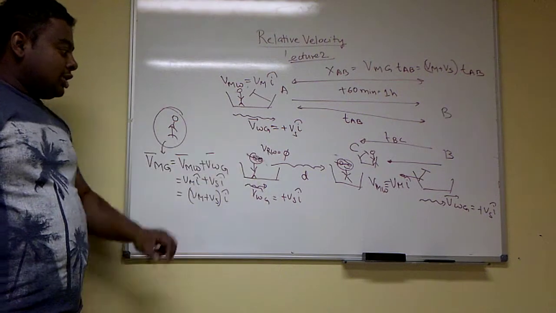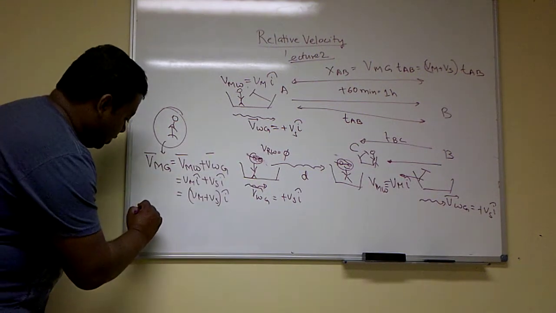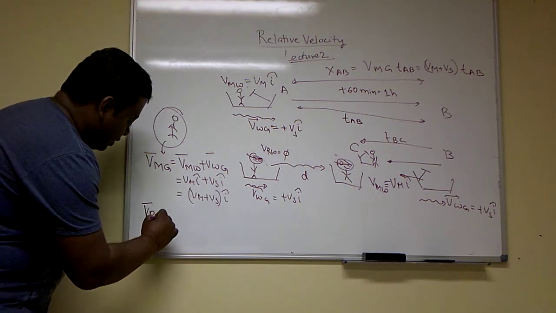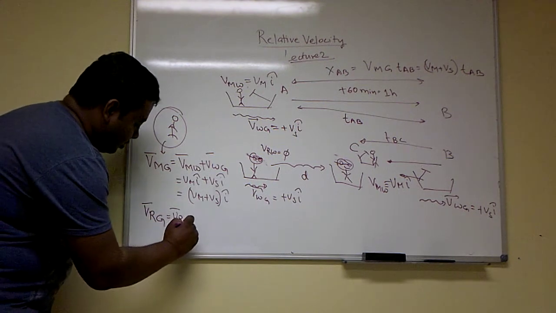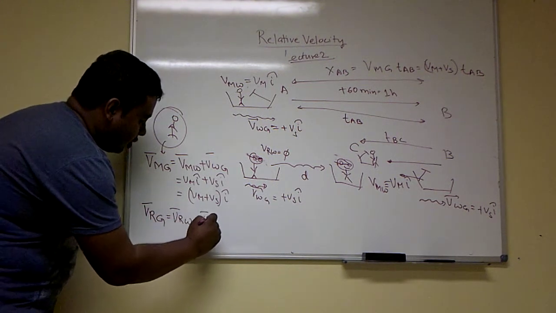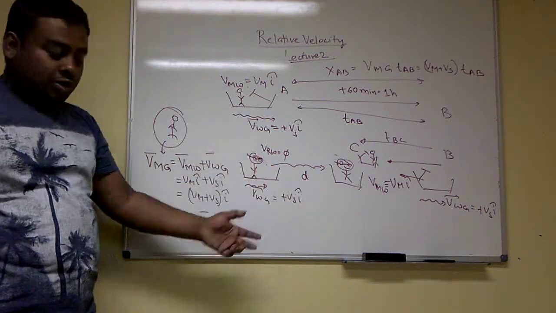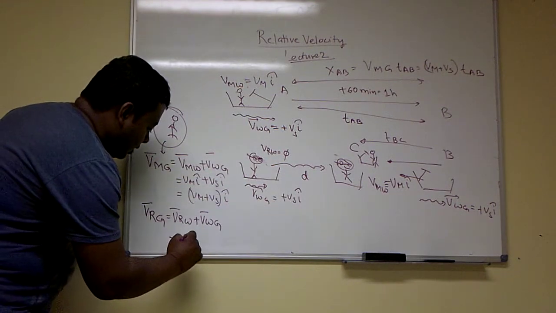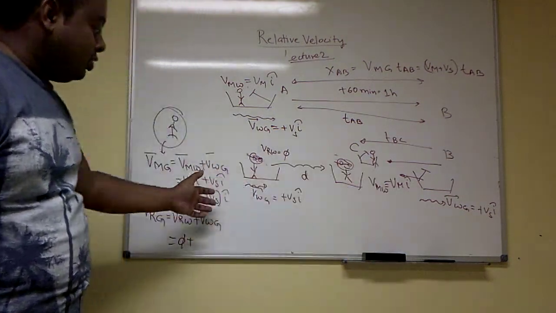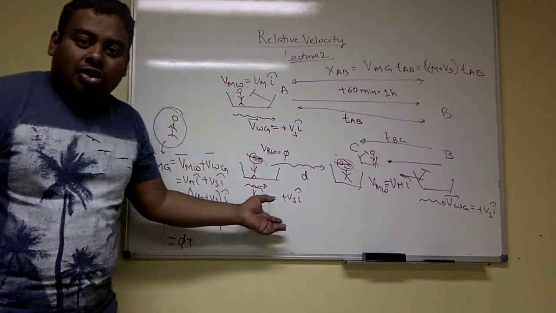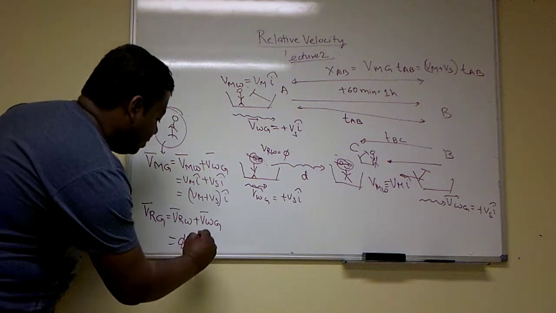Then let's calculate velocity of raft with respect to ground. So velocity of raft with respect to ground is velocity of raft with respect to water plus velocity of water with respect to ground. So velocity of raft with respect to water is 0, and it continues to be in the downstream direction. So velocity of water with respect to ground is anyways plus Vs i cap.